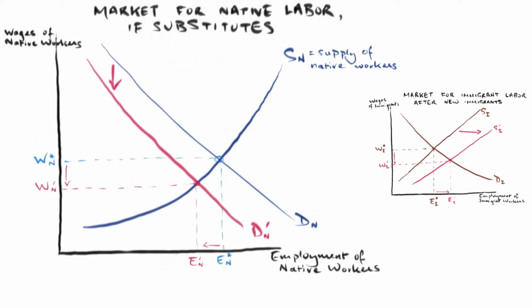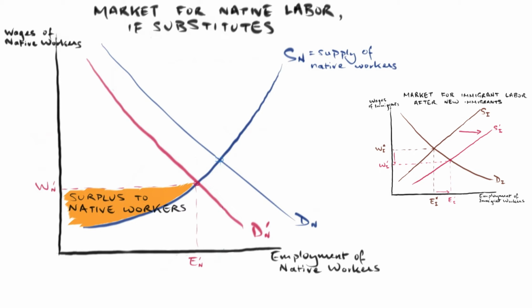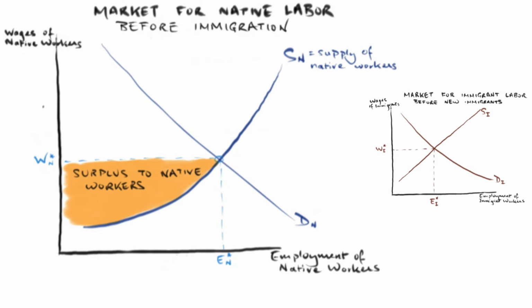Then surplus to native workers, as always, will be the area below the wage down to the labor supply curve as far out as the number of natives employed. So here's the surplus to native workers if they are a substitute for immigrant workers. Okay, so let's look at the surplus to native workers after the arrival of immigrants compared to before the arrival of immigrants.